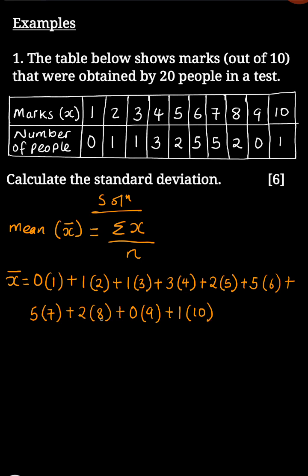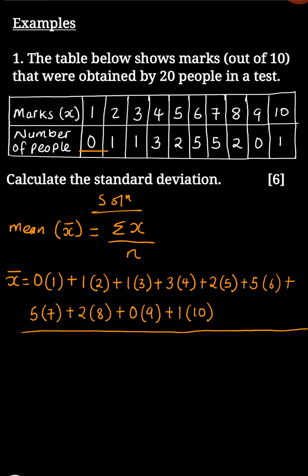So once you have written these numbers like this, then you divide all these numbers by the total frequency, which is 20. If you add all these numbers that are found in the bottom row here, you find that your answer will be 20.